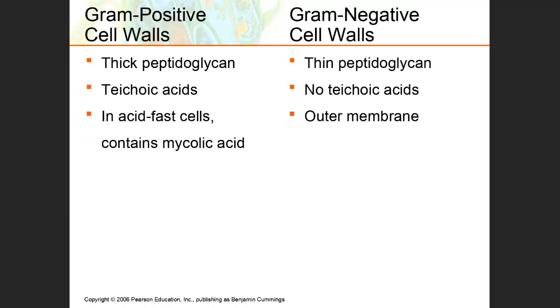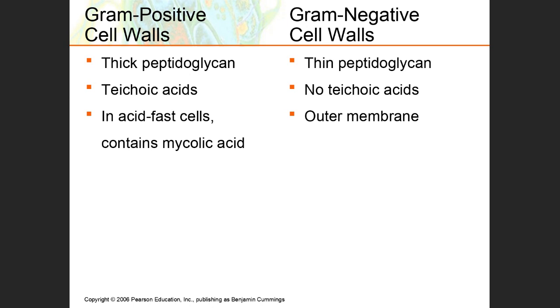So now we're going to learn the difference between a gram-positive cell wall and a gram-negative cell wall and see why the gram stain works the way it does. For a gram-positive cell, the key point is that it has a very thick layer of peptidoglycan. Gram-negative cells have a very thin layer of peptidoglycan and a second membrane.